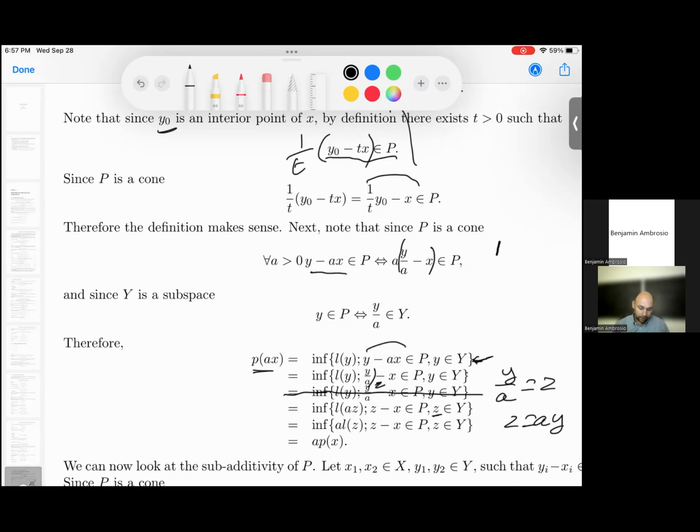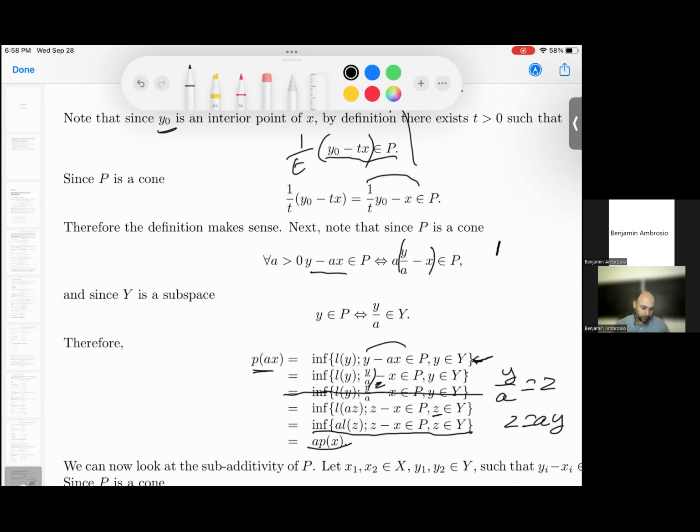And now L is a linear function, so I can take out the a, and now if I look at this quantity, this is exactly a p of x, right? So yeah, we got that p as defined above is positively homogeneous.